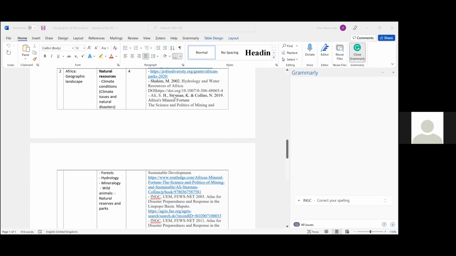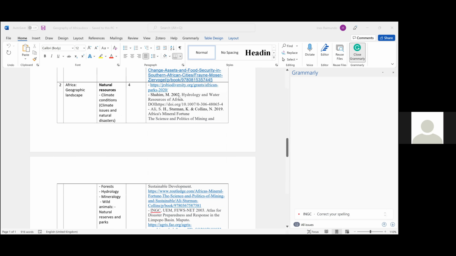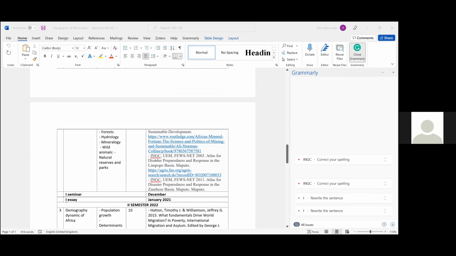So I have some references on that. Here is the list of references that you can check. And I want to stress these last two atlases, the first produced in 2003. I was part of this group.